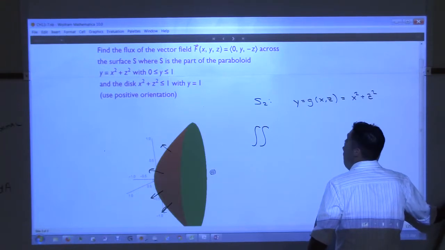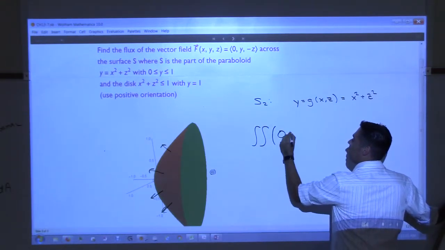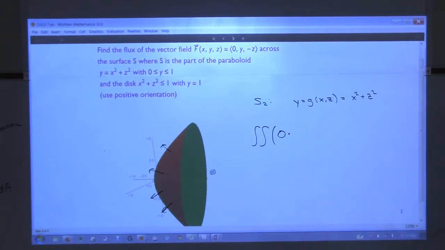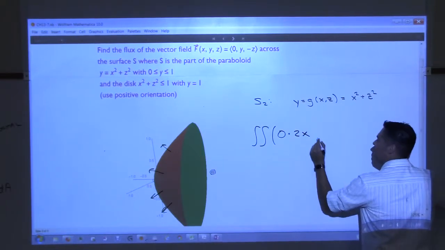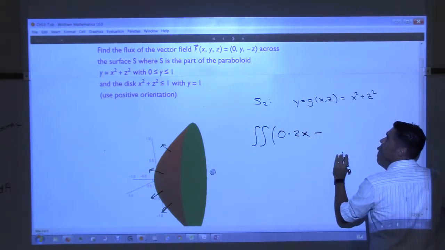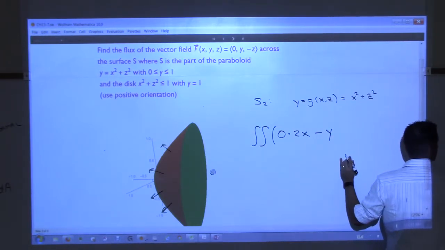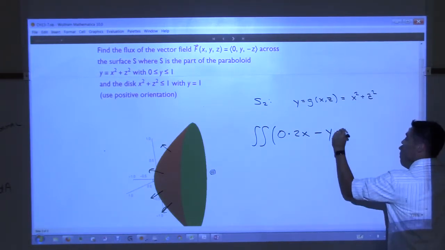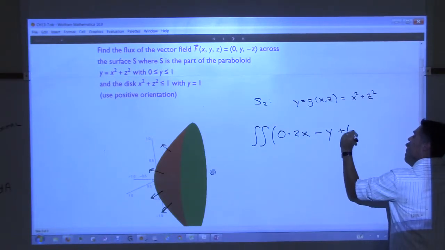So I'm going to put P, what's P? 0, right? And so it's not going to matter. P is still 0. Partial of g with respect to x would have been 2x, right? And then I'm going to have, instead of plus, minus. And what's Q? Y. And then we have, instead of minus, plus R, which is negative z.